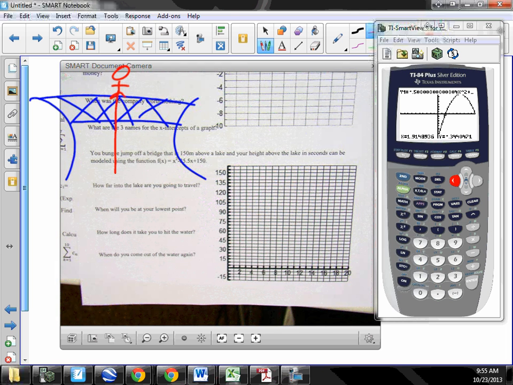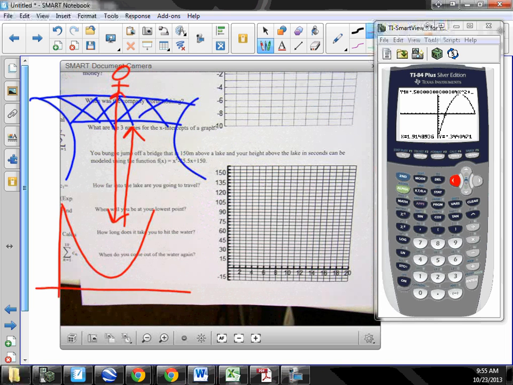When the bungee cord is fully extended, you're going to bounce and come straight back up. So what shape is the graph going to be? If we mark it over time, am I going to be speeding up as I fall or slowing down? I'm going to slow down until I stop, and then I'm going to come back up. So the graph is going to look something like this.